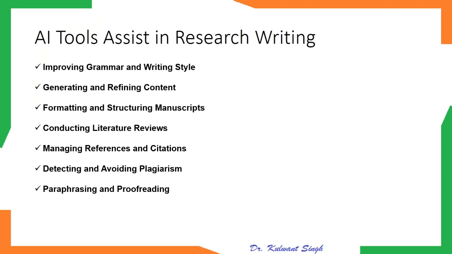So this task is easily handled by the AI tools. And proofreading. Earlier, authors generally preferred to approach an expert, a colleague, a guide, or a supervisor for proofreading of our paper, to find any errors before submission to the journal.